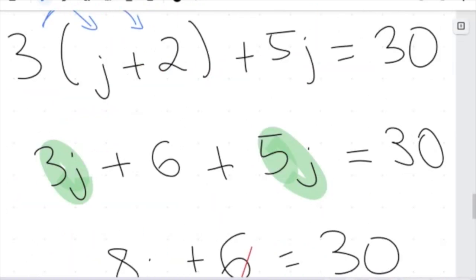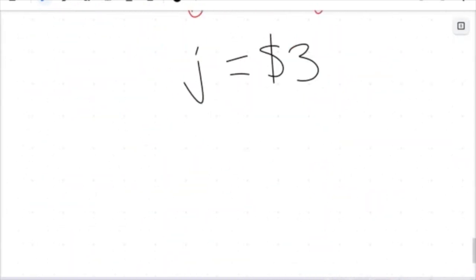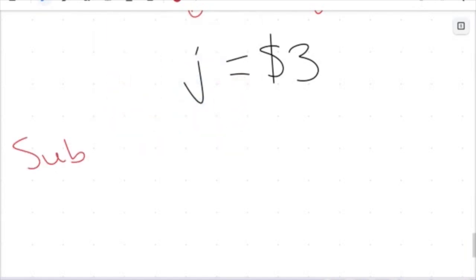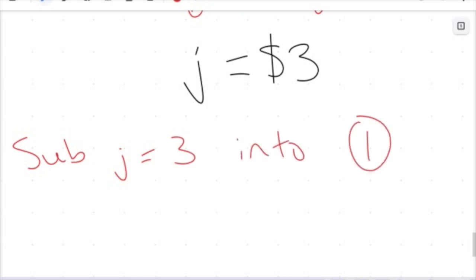So my price of my shake, actually let's write it down. I'm going to sub J equals 3 into equation 1. That's the easier one because I know my shake is always going to be $2 more than my juice. So I'm using that equation here.